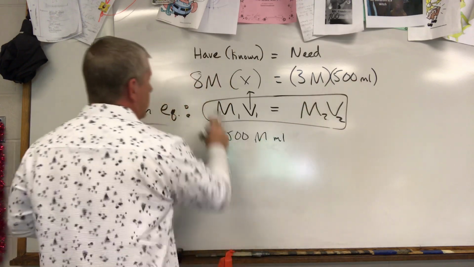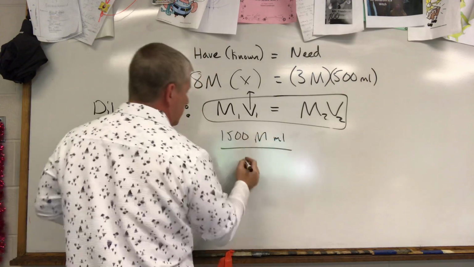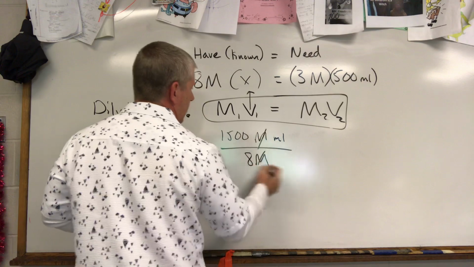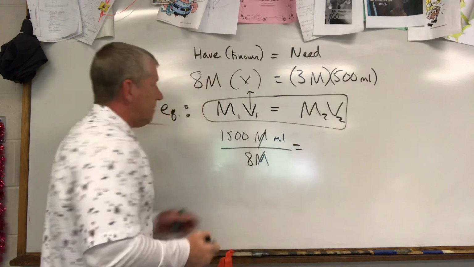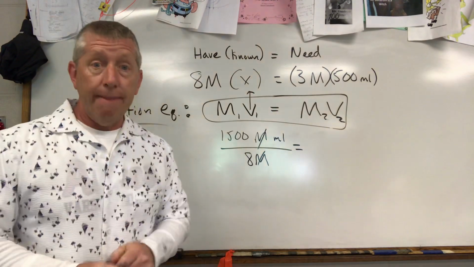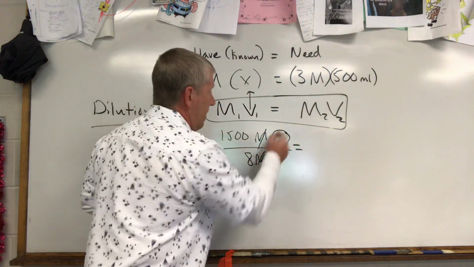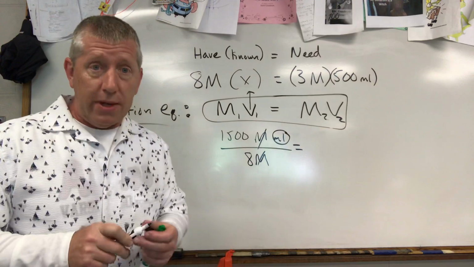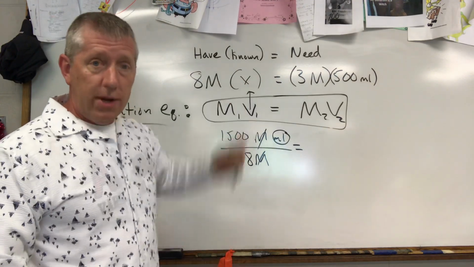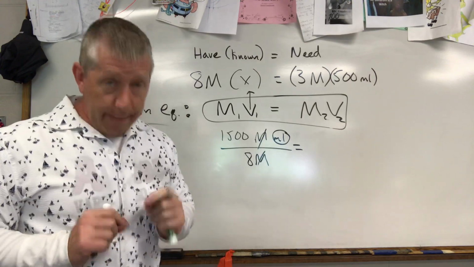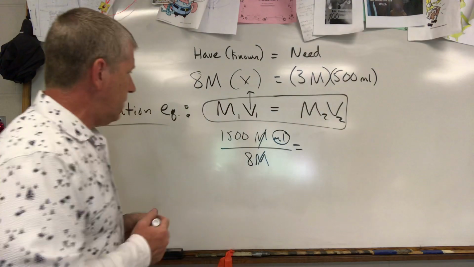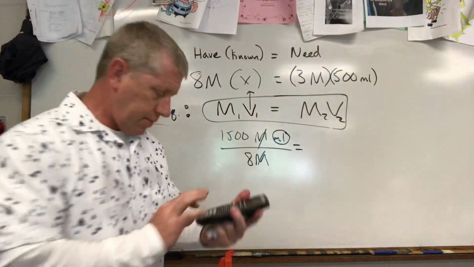Divide to get X, bring that underneath, by 8 M. The M's cancel, so when I take my 1500 and divide it by 8, I will get the amount, because mL's left over, milliliters. I'll get the amount of the concentrated stock solution that I need to make what I'm looking for. Okay. All right, so let's do the math. 1500 divided by 8.